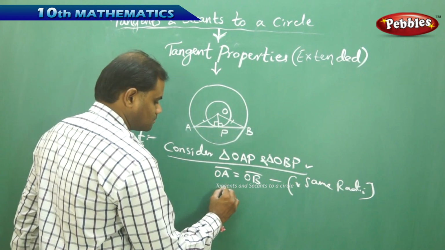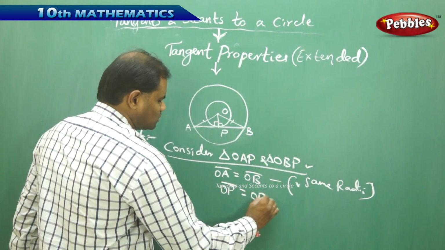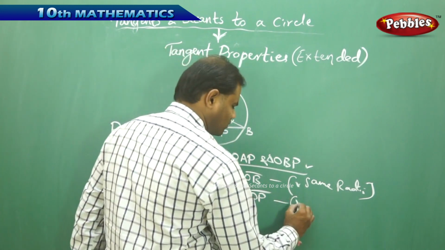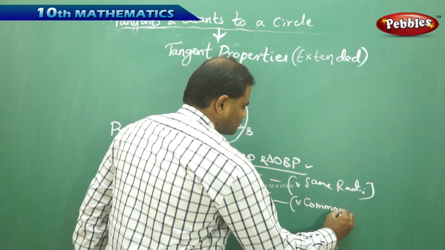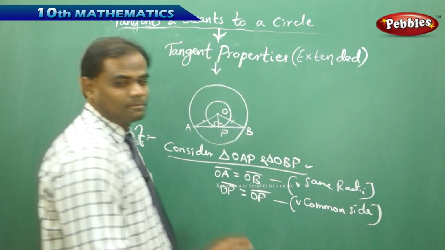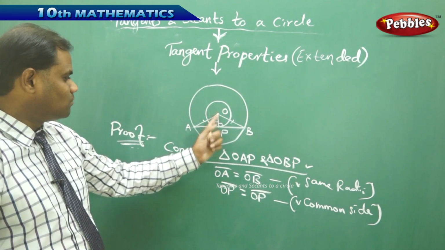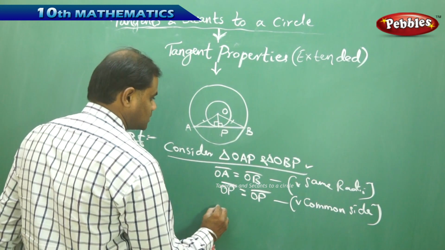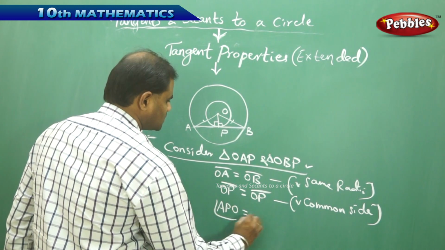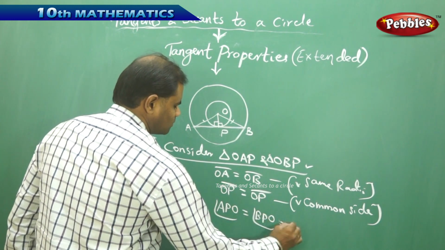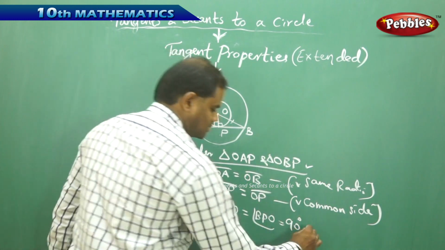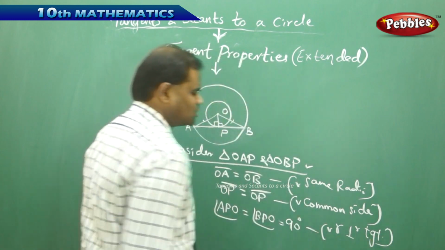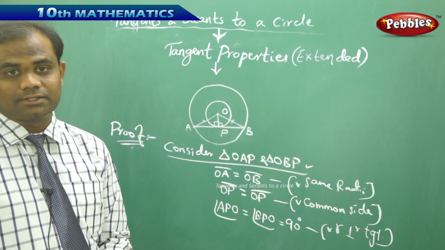Next, OP is equal to OP because it is the common side for the two triangles. Therefore, this is because of the common side property. Similarly, angle APO is equal to angle BPO, which is equal to 90 degrees, since radius is perpendicular to tangent, which we have already discussed as the theorem.